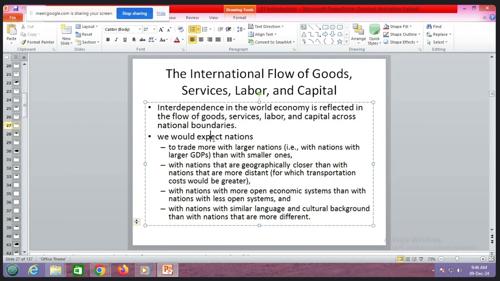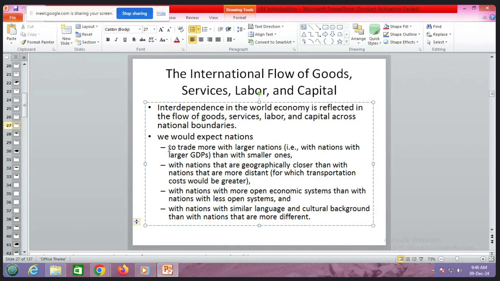So normally we see that this is the gravity model, which we don't have in our syllabus, but just briefly, what we are trying to say is the interdependence is basically determined based on the gravity model.